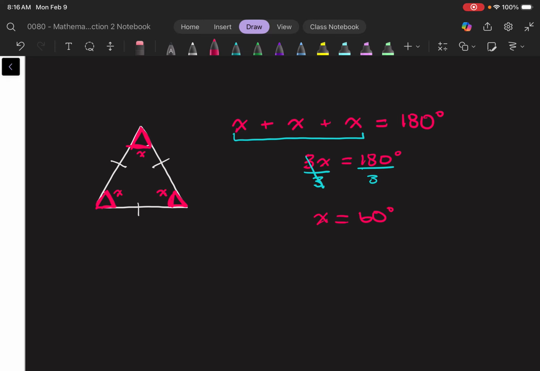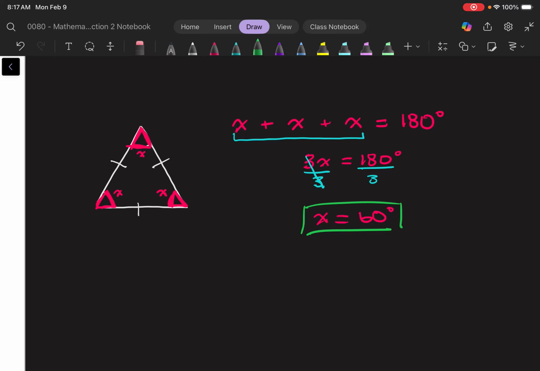Now, if I ever wanted to show or prove how I know that an equilateral triangle's angles will always equal 60 degrees, this is how I can do it. But since I could do this for every single equilateral triangle, it is enough for you to simply know that that angle measurement will always be 60 degrees.